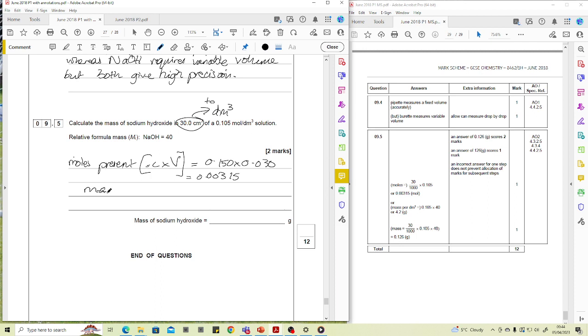Mass equals 40 times 0.315. So it's not a very difficult calculation, provided you've got both of the equations that you need in your head. So the mass here, we've got Mr times moles. Okay, so 2 equations in 1 question, all for 2 marks. And that's the end of the paper. See you for paper 2.